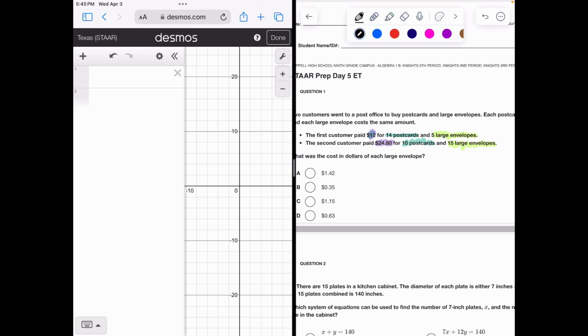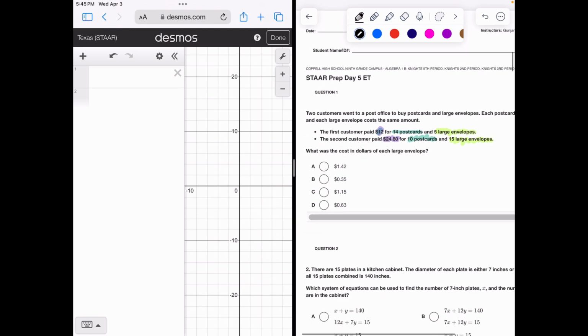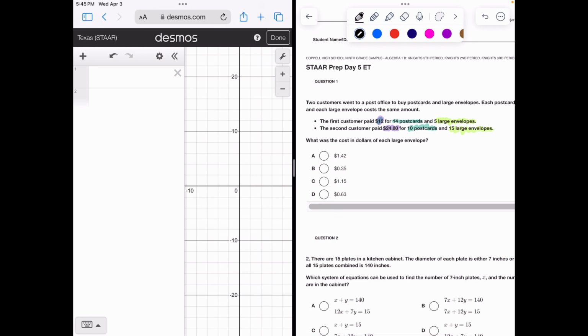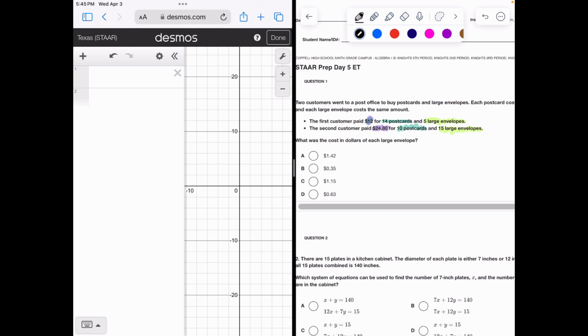So the classic setup for these systems of equations is this right over here. For that first customer, we have postcards and large envelopes. For this first problem, I'm going to make X the postcards and Y the large envelopes.